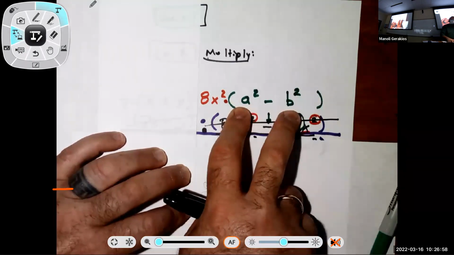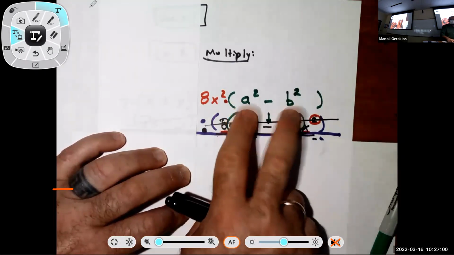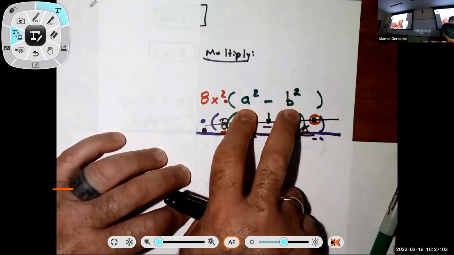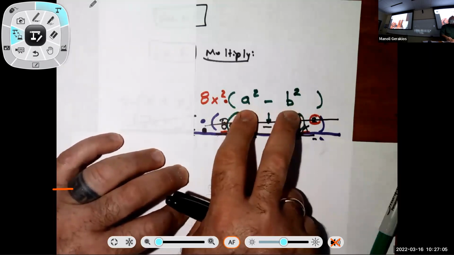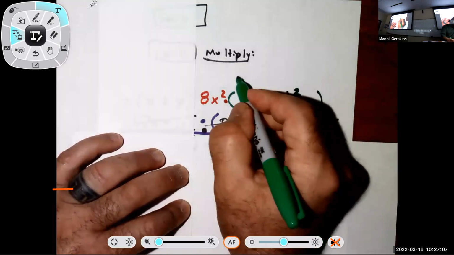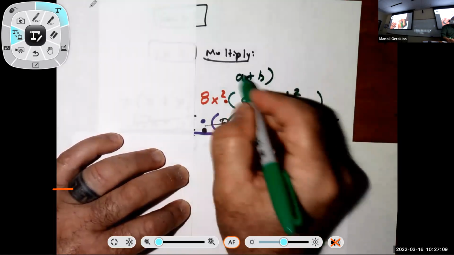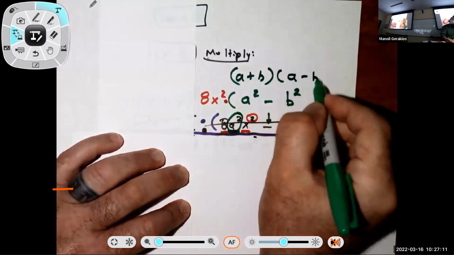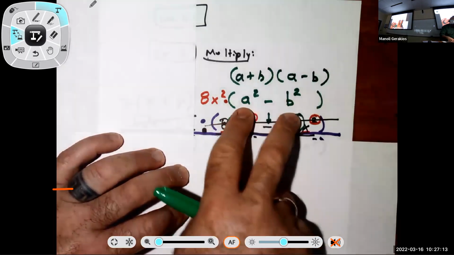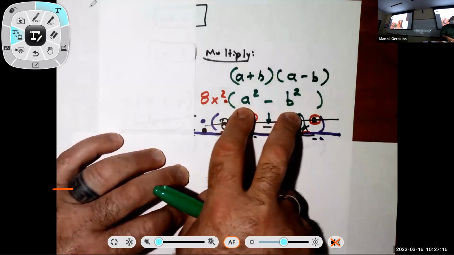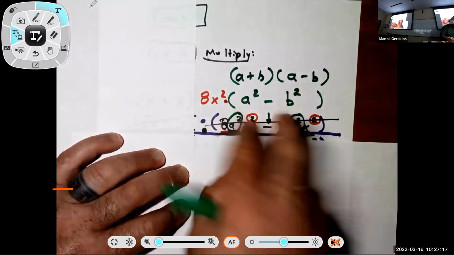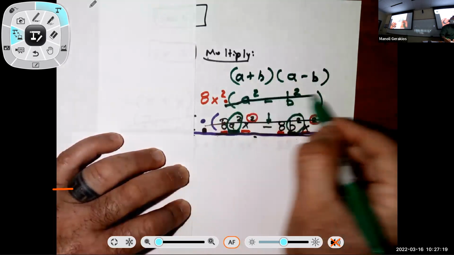Now, can I go further? There's a difference of squares, isn't it? So can I replace this now with a plus b times a minus b? Isn't that how a difference of squares factors? It's really like you're almost looking at the formula for it. So slash this out.